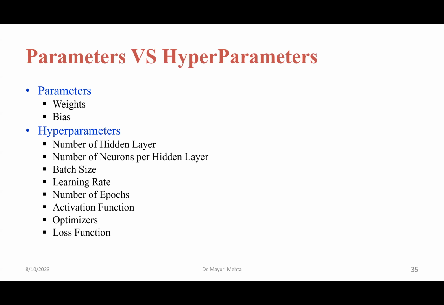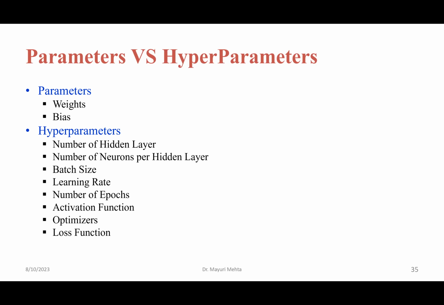Now, let us first discuss what is the difference between parameters and hyperparameters associated with neural network. Okay, so let me define briefly that these are also called model parameters because for neural networks we have different architectures, and they are called neural network models.